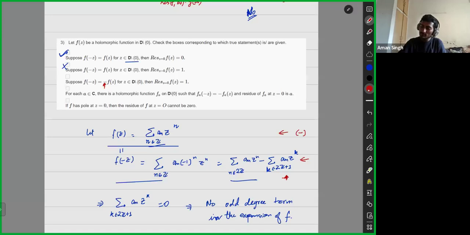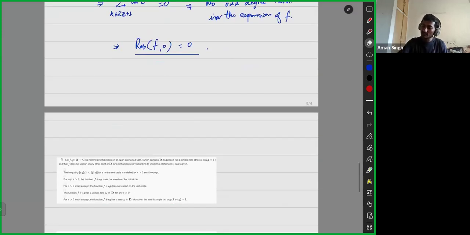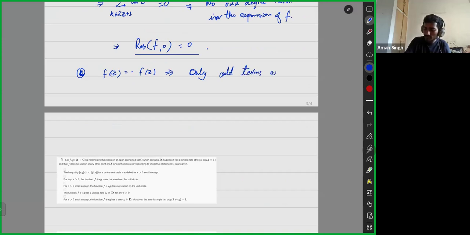Which terms survive? In the odd case we have only odd terms. So f of minus z equals minus of f of z implies only odd terms are there in the Laurent series expansion.